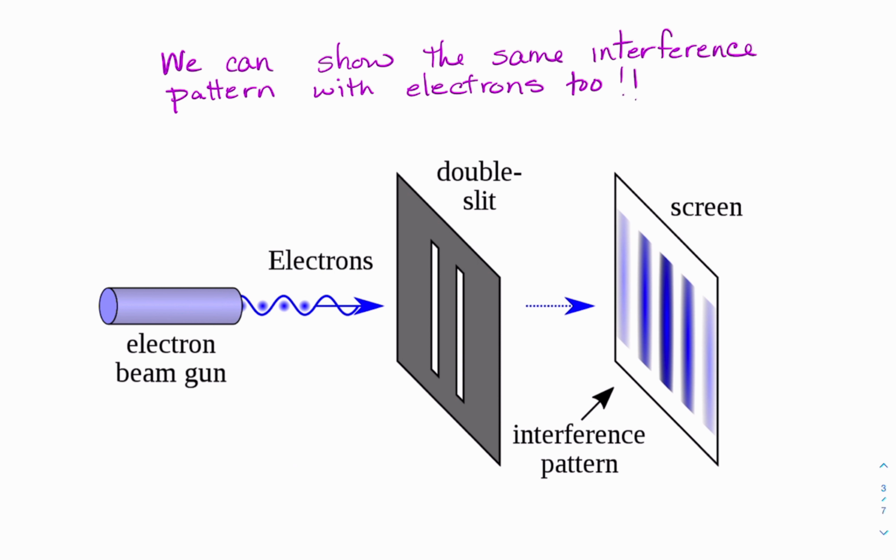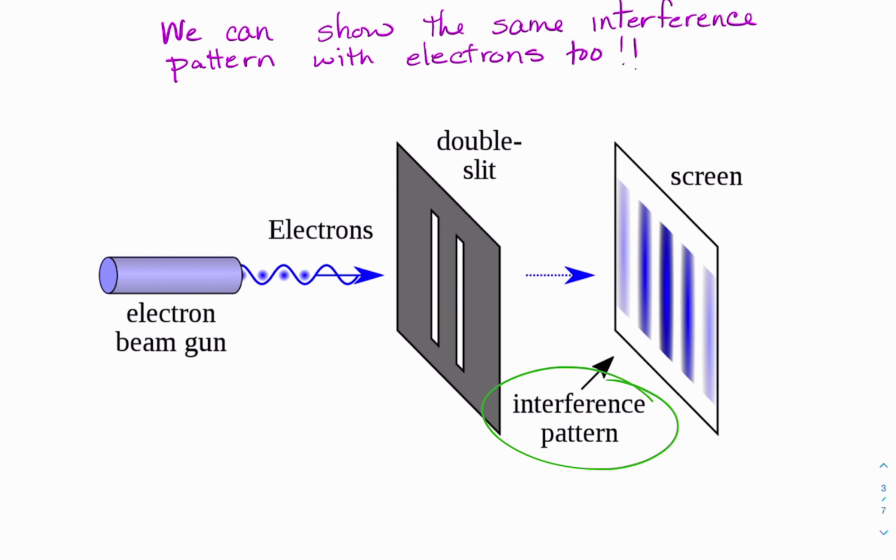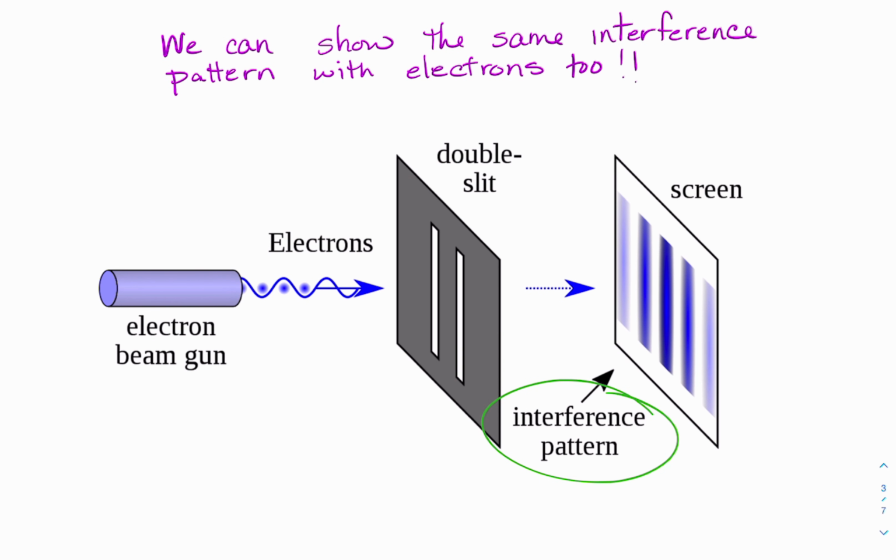You get the same interference patterns of constructive and destructive patterns. So we were like, okay, so electrons that make up the atom itself, help make that structure, act like waves. And so that was really, really important information.